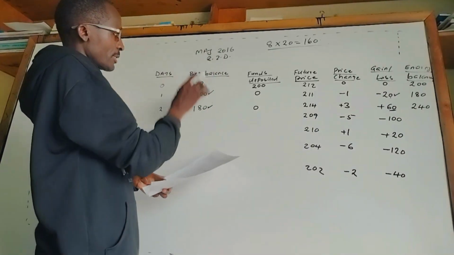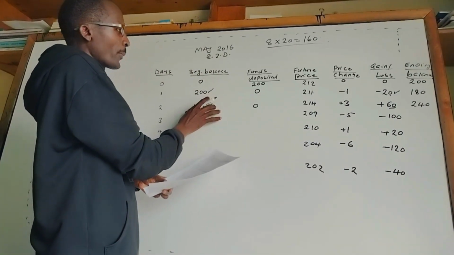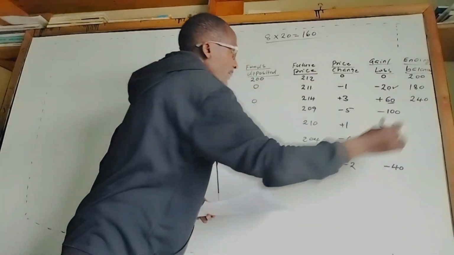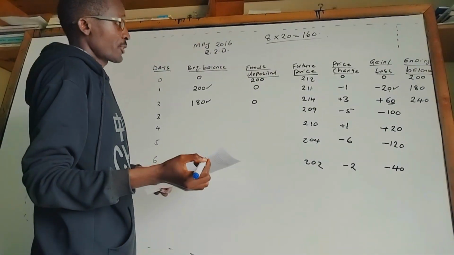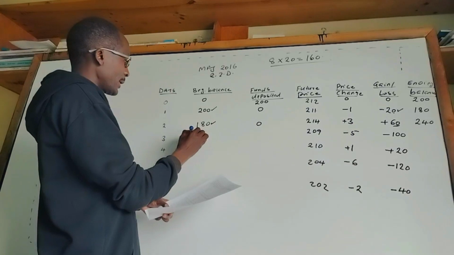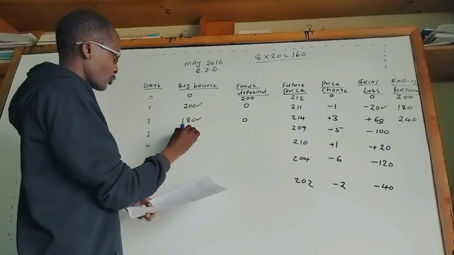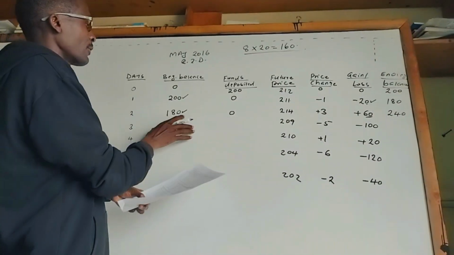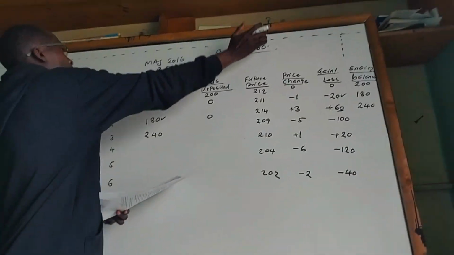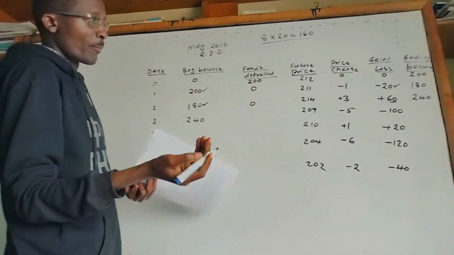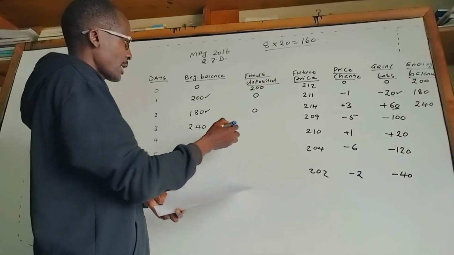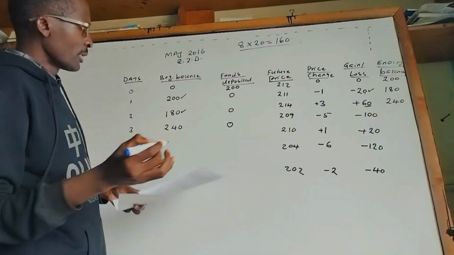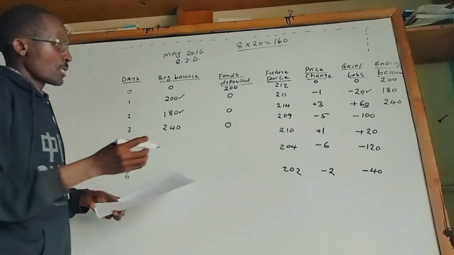How did you get that? It is 180, the opening balance, plus 60, which is 240. So this one becomes our opening balance here. That is our opening balance. Now this figure is not less than 160, so we are not depositing anything in our account. You deposit a 0 there.